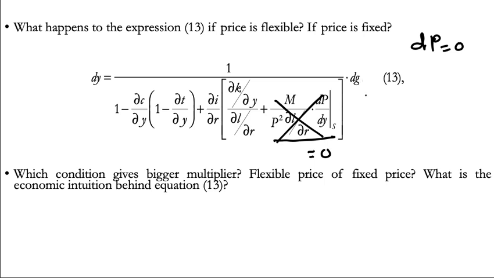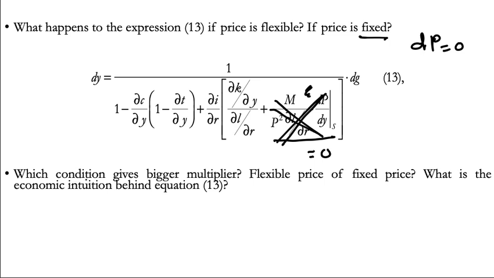So now we can see there are two different types of multiplier. The first one, when dp exists. When dp exists, this term also exists. The second one is when dp is 0. When dp is 0, that means the price is fixed. Then the multiplier will be without this term.